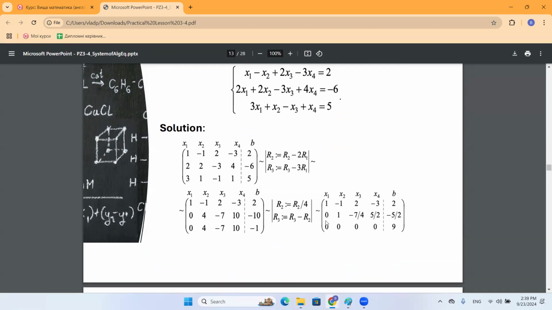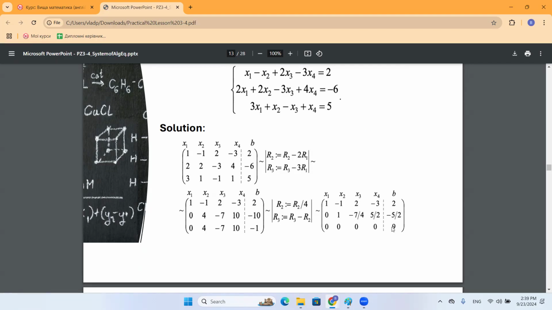And actually what we see here, when we eliminate our rows, we see that here what we have, so 0x1 plus 0x2 plus 0x3 plus 0x4 equals 9, but 0 does not equal 9, and it means that the system is incompatible.